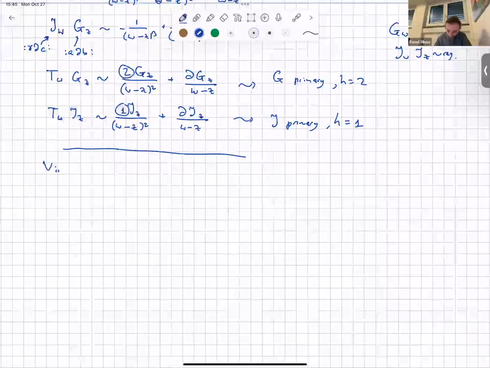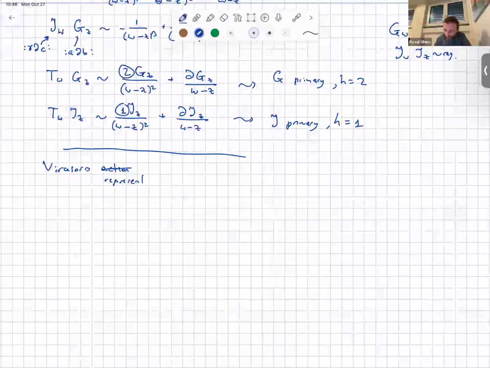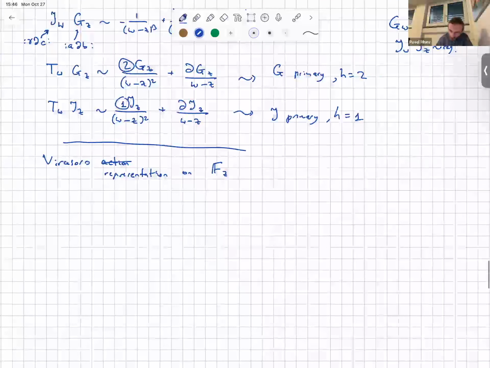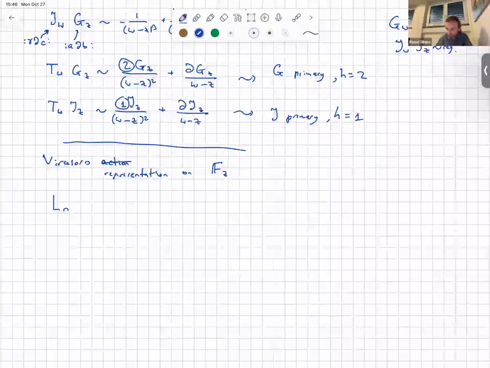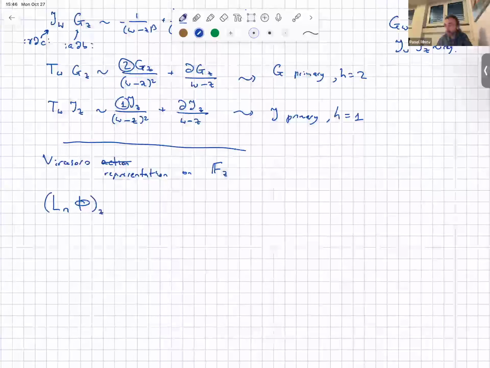We can calculate the Virasoro algebra action on the fields. So you have a Virasoro action, or Virasoro representation, of the Virasoro Lie algebra on the space of fields at a point. So, well, how do you compute it? What is L_n acting on the field phi at a point z?